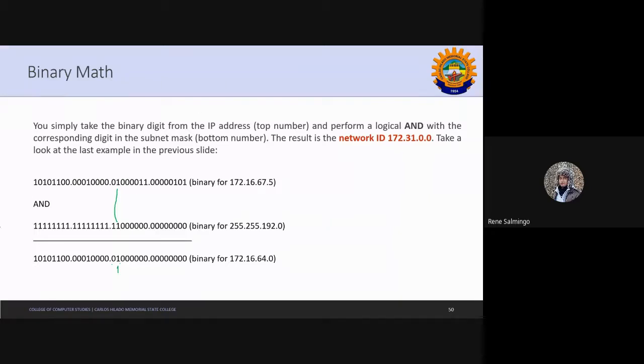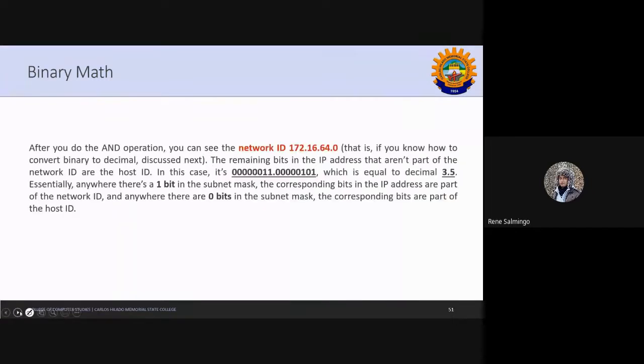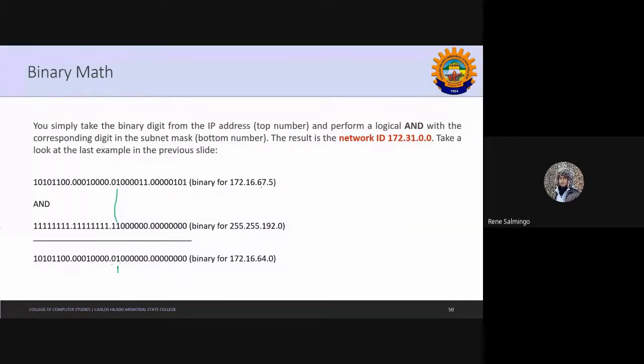This is the second example. After the result, you will have the network ID 172.16. Now, what happened to the other bits that we have? Since we have 67 and this, we have 7 minus 4, so you have 3 bits, from 0 to 3, that would be 4.